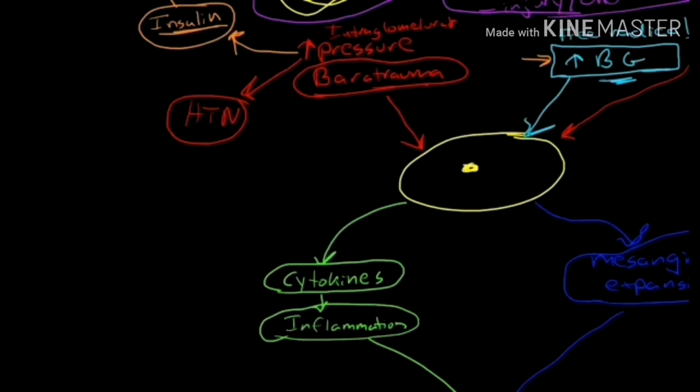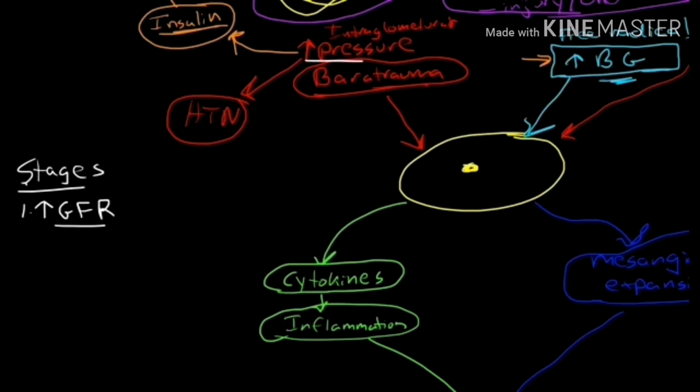Okay, so let's talk a little bit about the stages of diabetic nephropathy. So the first stage is actually a stage with increased glomerular filtration rate. So why does this happen?